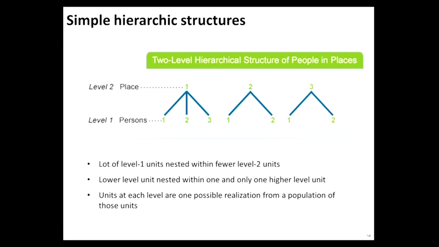Similarly, those 5 or 6 individuals shown in this slide are one realization. But you're not interested in those 6 individuals, you're interested in the population from which they're drawn. You want to make inferences to the population of those individuals, and to the population of places, of which you have one sample.